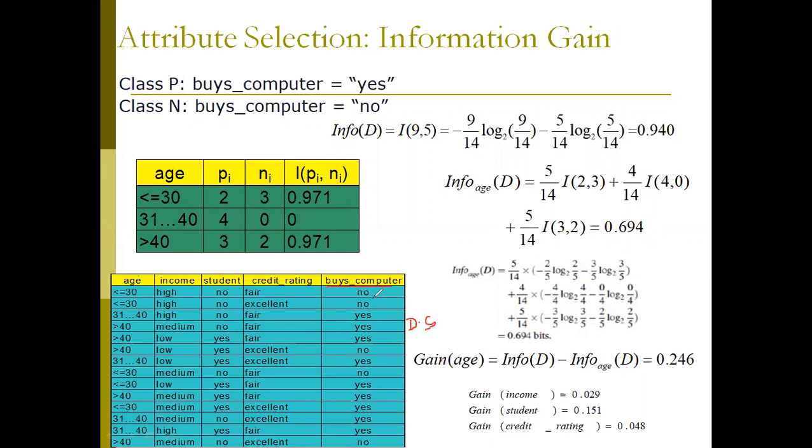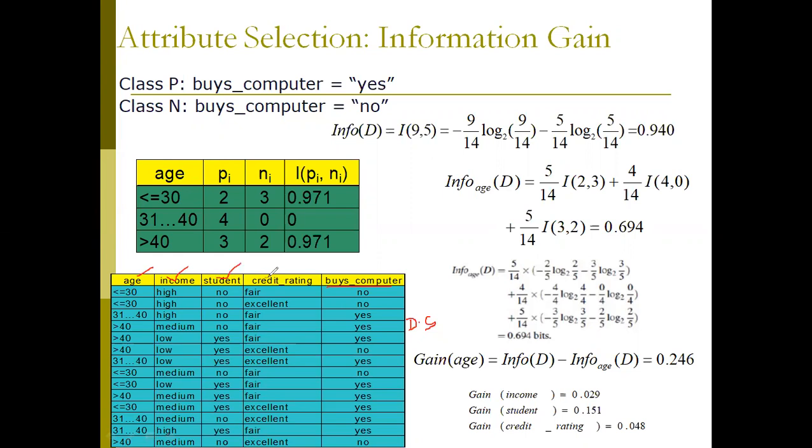This class has class labels, buys computer or not. Except for this class, for the remaining four we are going to choose which one is first, which one we make the root node: age, income, student, or credit rating. Here we have four individual independent attributes in this data set.